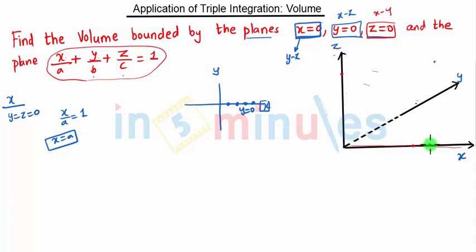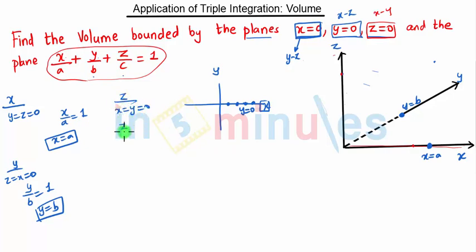Let's say this is our point on the x-axis, that is x equal to a. To find the point on the y-axis, we put z and x equal to 0. So we get y by b equal to 1, so y is nothing but b. So y equal to b is this point. Then to find the point on the z-axis, we put x and y equal to 0. So we get z by c equal to 1, so z equal to c, which is this point.